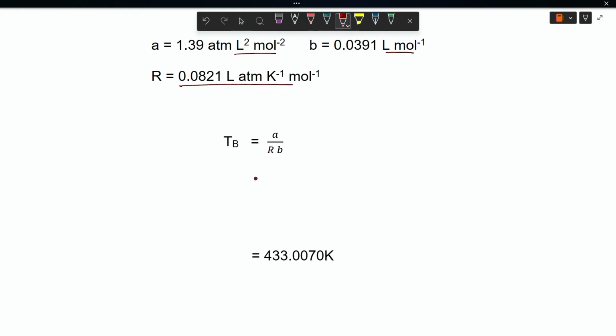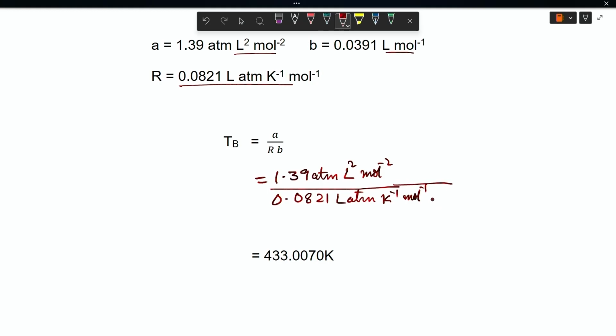Now, substituting, the value of A is equal to 1.39 atmosphere liter square mole raised to minus 2 divided by 0.0821 liter atmosphere per Kelvin per mole multiplied by B, that is 0.0391 liters per mole.